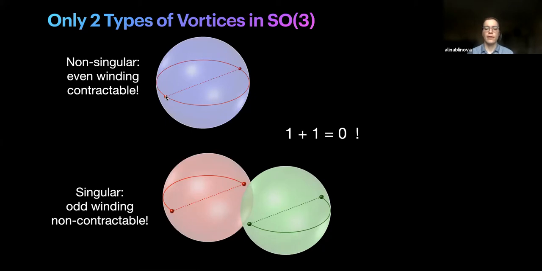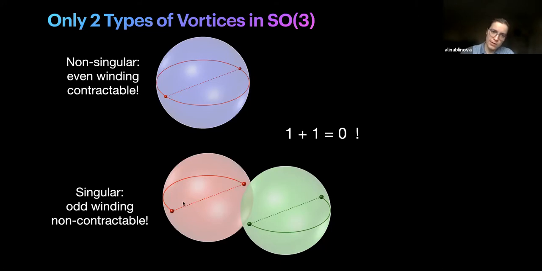Down below here we have 2 representations of what we call a singular vortex, meaning that it's not contractible and you can't just do away with it. Once you create it, you can't continuously deform it down to the ground state.